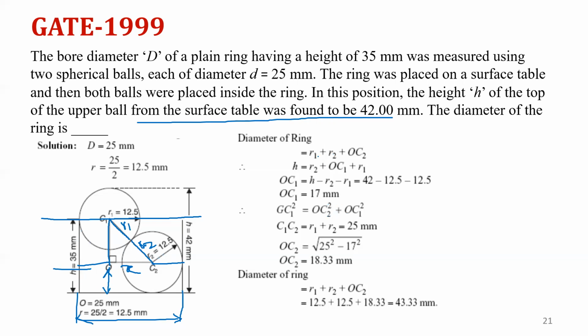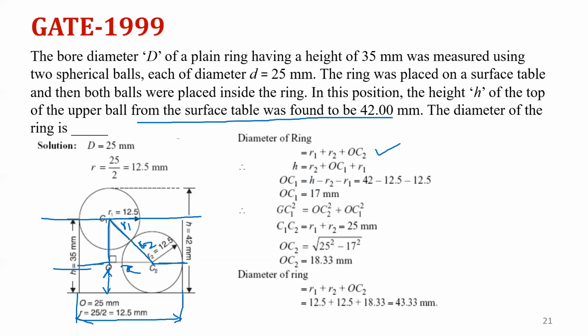So the diameter of the ring is equal to R1 plus R2 plus OC2. And H is equal to R2 plus OC1 plus R1, this H.